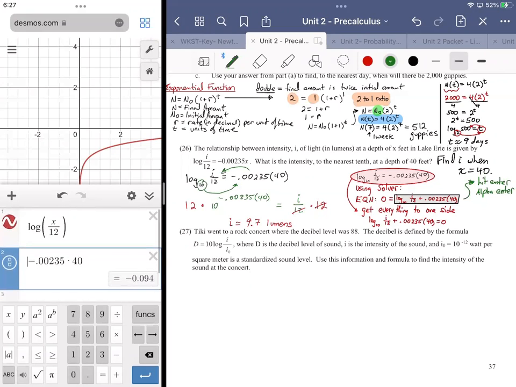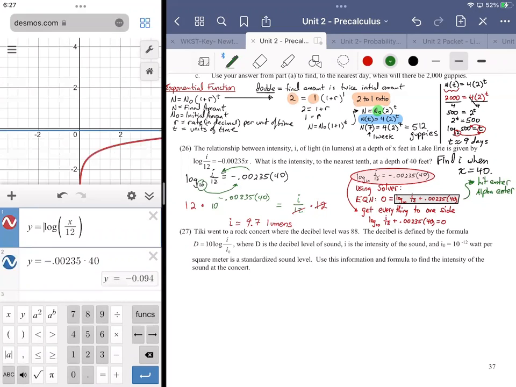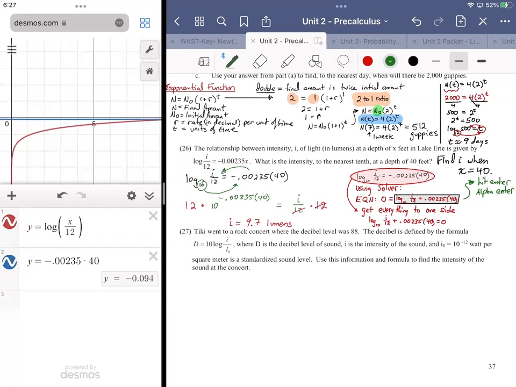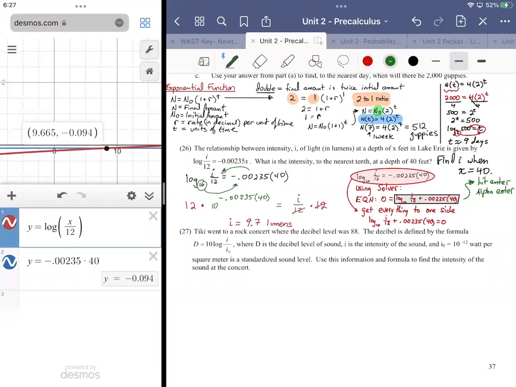Both of them should be equal to y, so y equals, and we look for where they cross. All right, so they cross right here at an x value of 9.665, which rounds to 9.7.